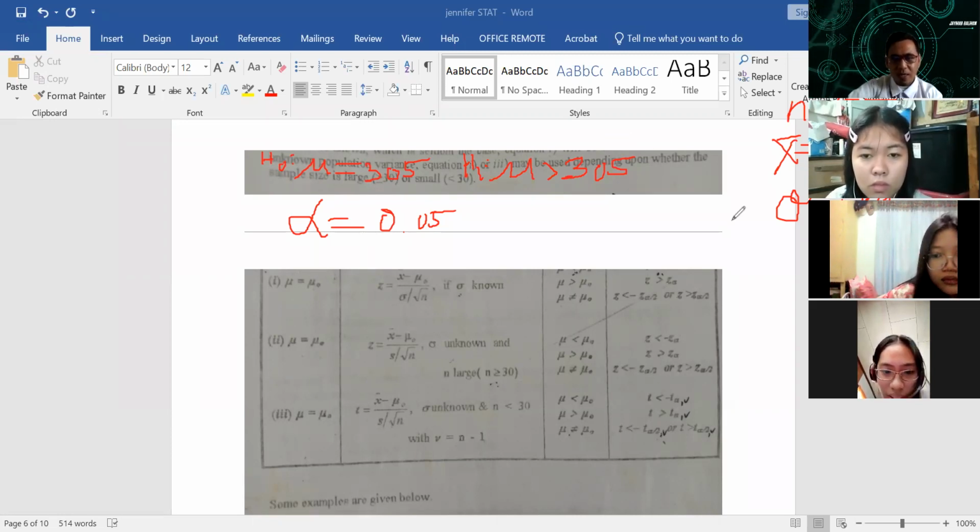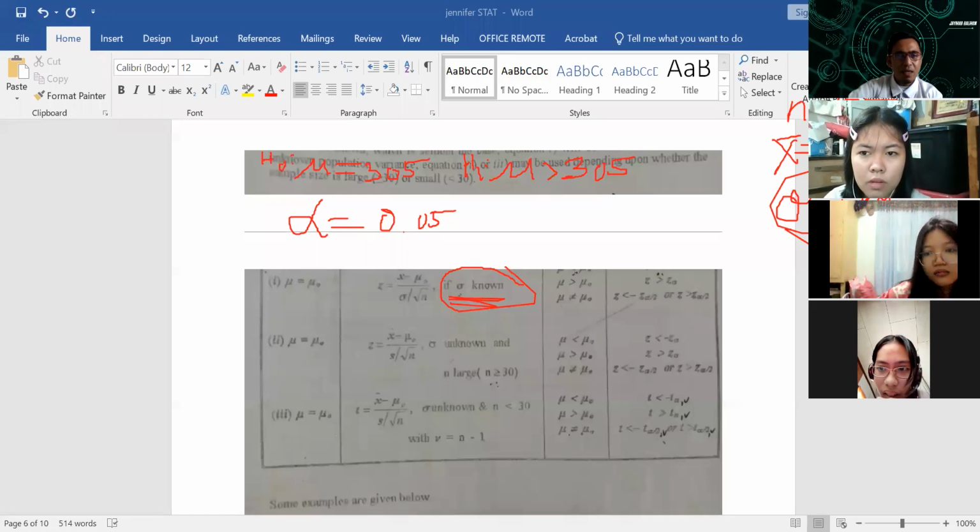Most of you answered case 2 because n is greater than 30. But observe here: is your population standard deviation given? Yes, it is given. So it is not case 2, it is case 1.